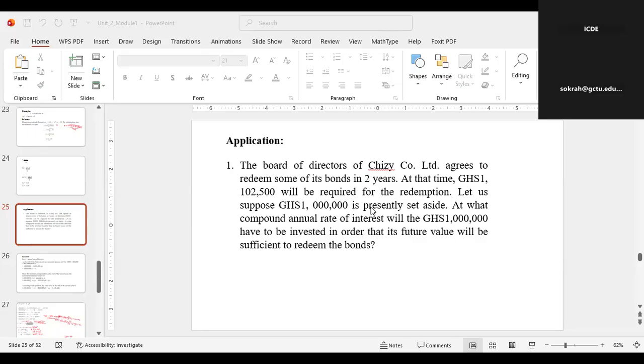So if you have this question and I don't ask you to use any of the formulas, then you have to apply strictly, because we are applying what? Quadratics in solving this question, even though the question looks like an interest question, like a compound interest question.